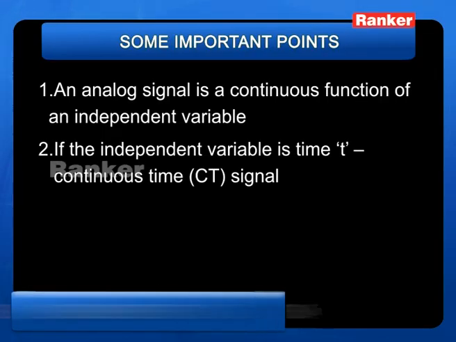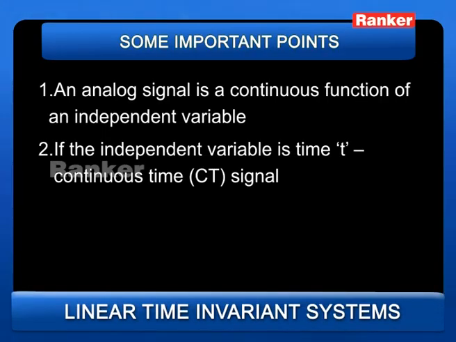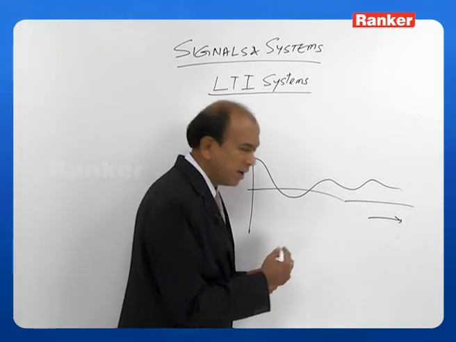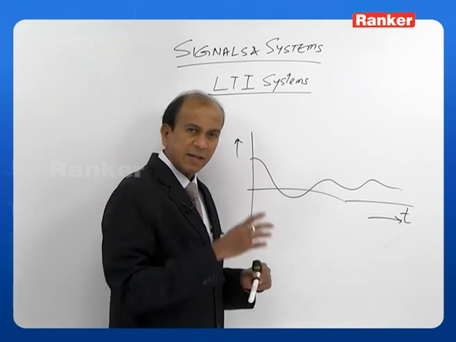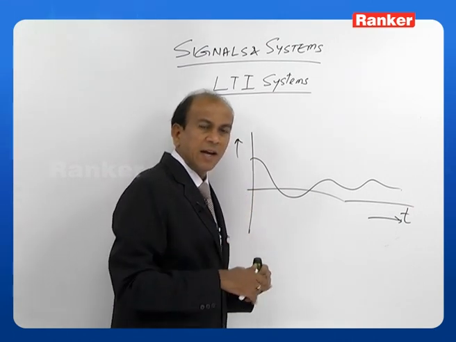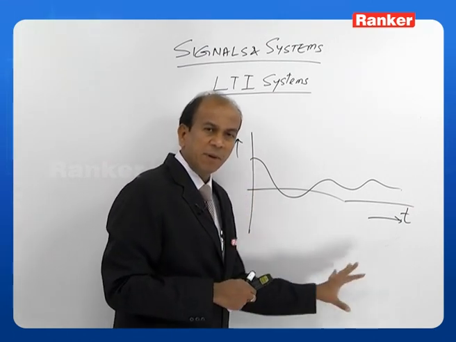If the independent variable mentioned in point 1 is time, then I can call this a continuous time signal. This is the independent variable. If I call it time t, we can say that the signal is continuously varying with the independent variable, which is time.